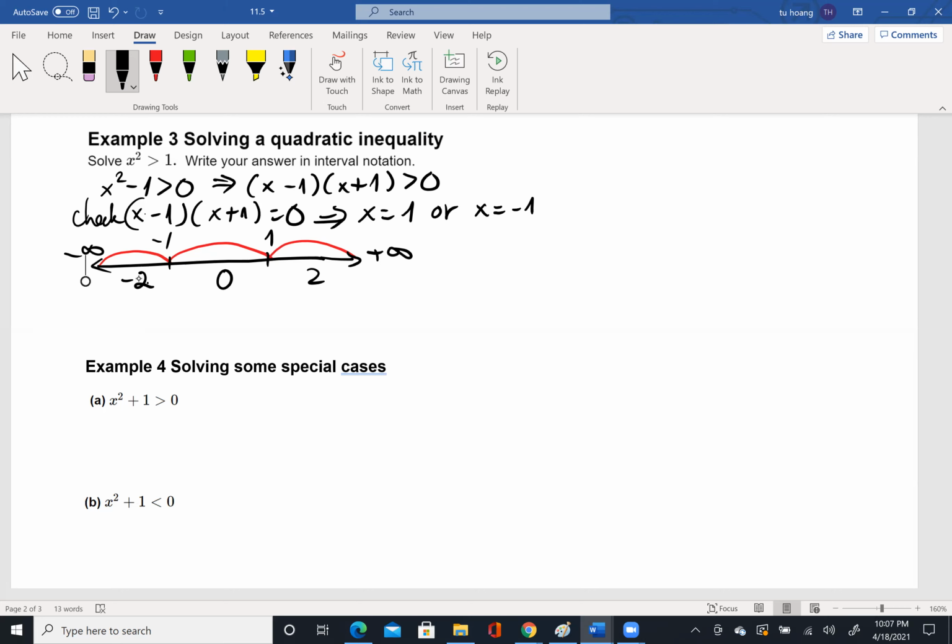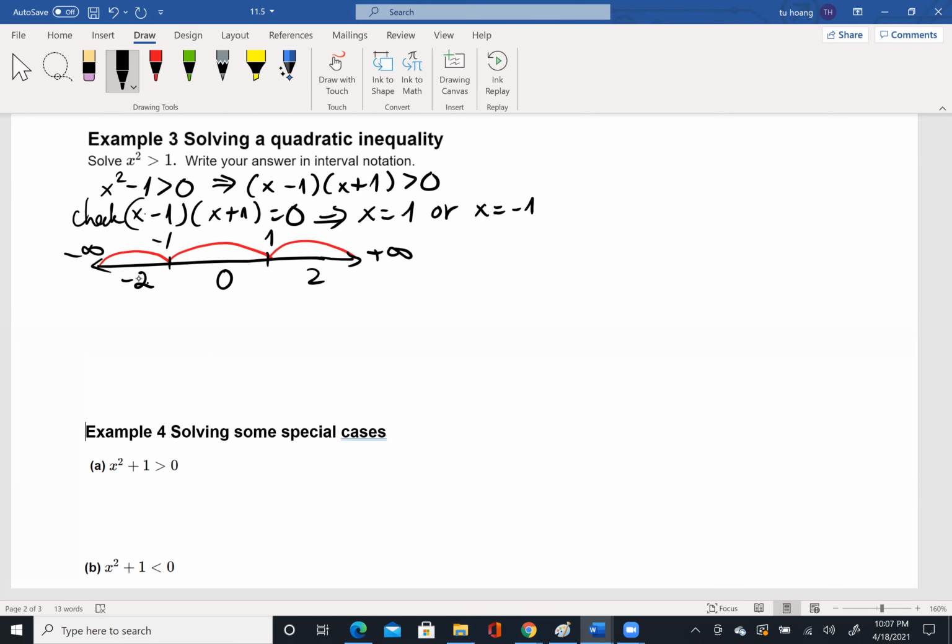So I will test f of -2. What do I have? I have -2 squared minus 1. What is that equal to? I have 4 minus 1 is 3. And this is greater than 0.